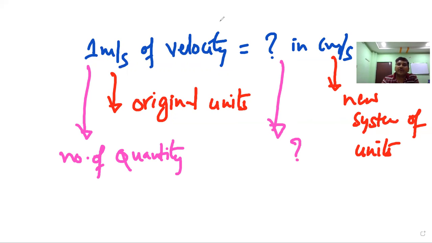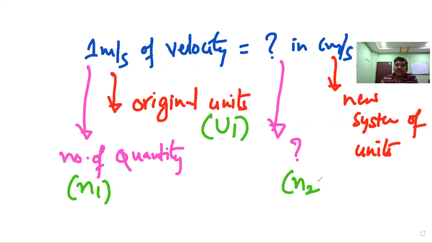So here, in this case, this is N1, number of units of original quantity to be converted. And original units are U1, meter per second, from which you want to convert. And to the number of unit quantity N2, a new system of units is U2. U2 is centimeter per second.